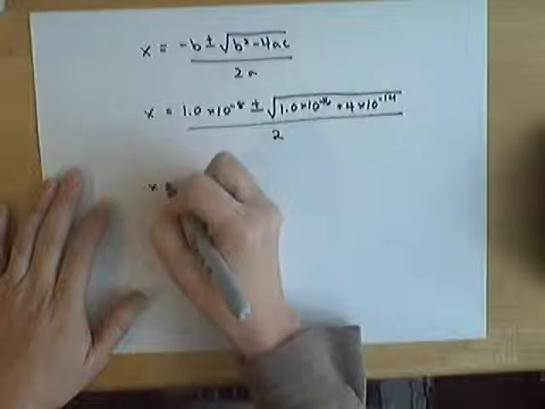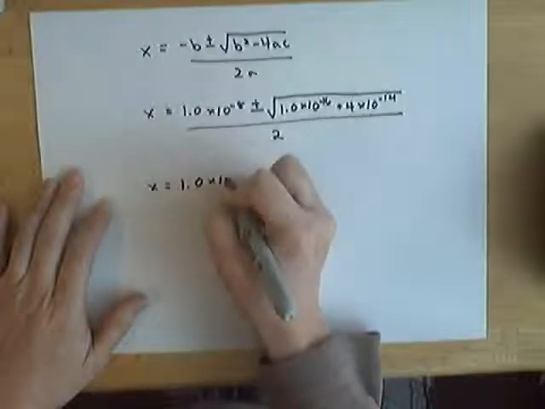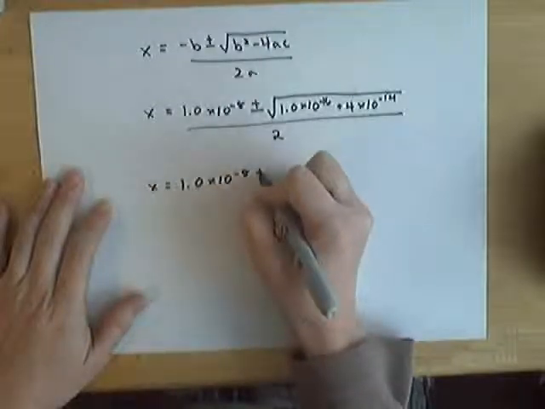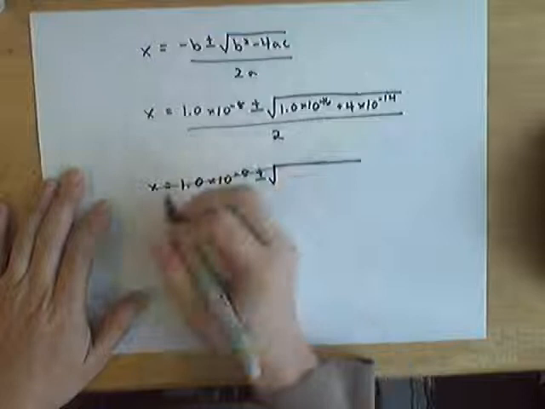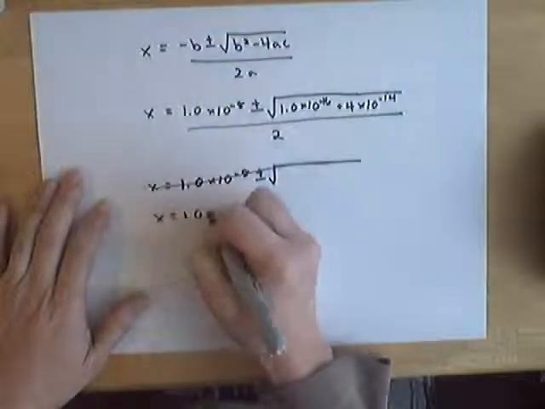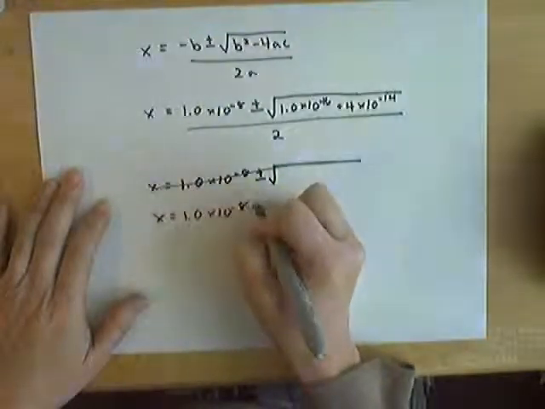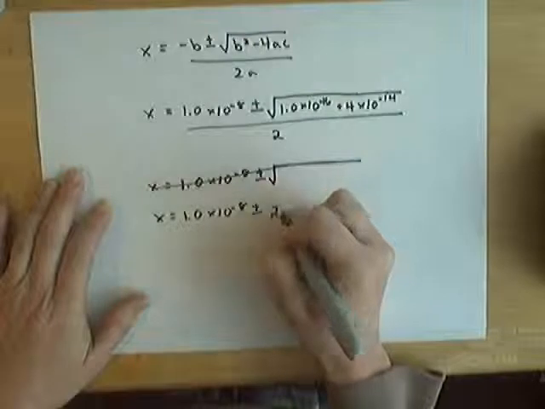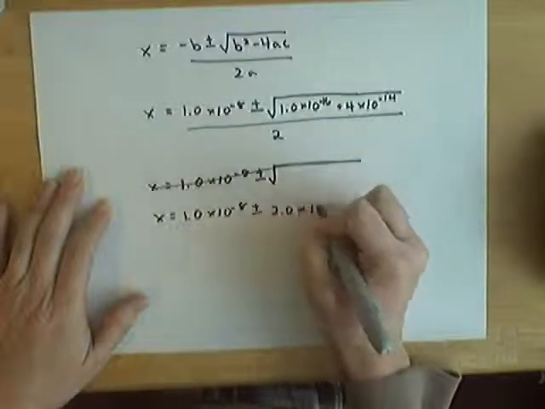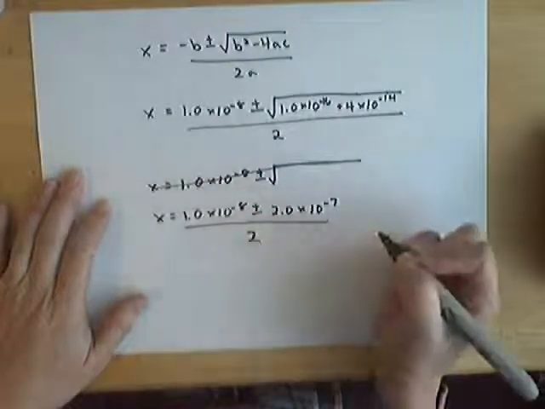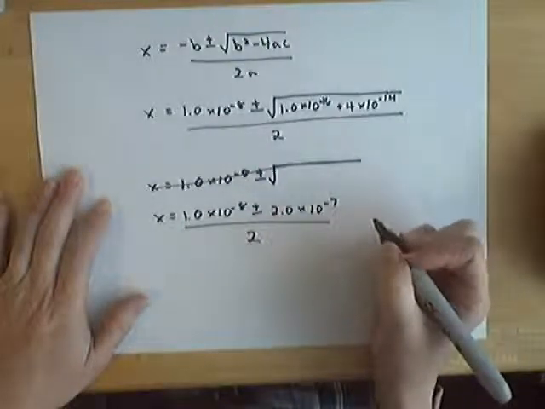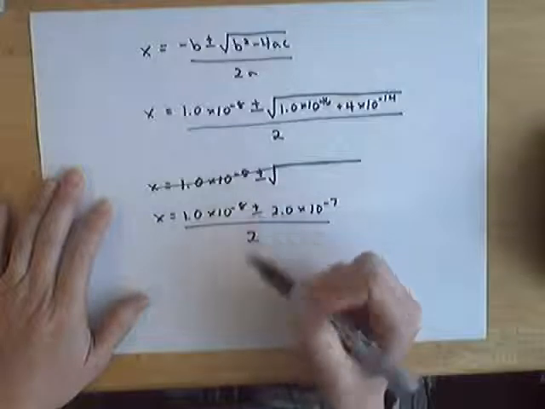So then I got x equals 1.0 times 10 to the negative 8 plus or minus, I already took the square root, 2.0 times 10 to the negative 7th, over 2. The quadratic equation always yields two answers because of the plus or the minus.